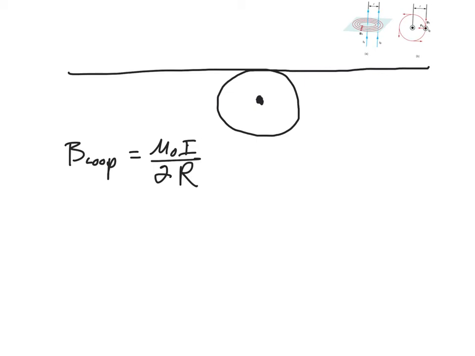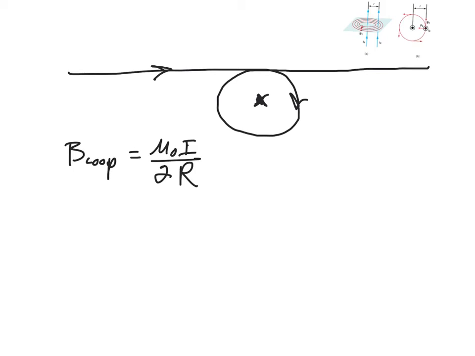That makes sense. And the direction of that field due to the loop, we use right-hand rule number 3. Since the current is this way, it's going to go around clockwise. So the field at this point due to the loop is into the screen.